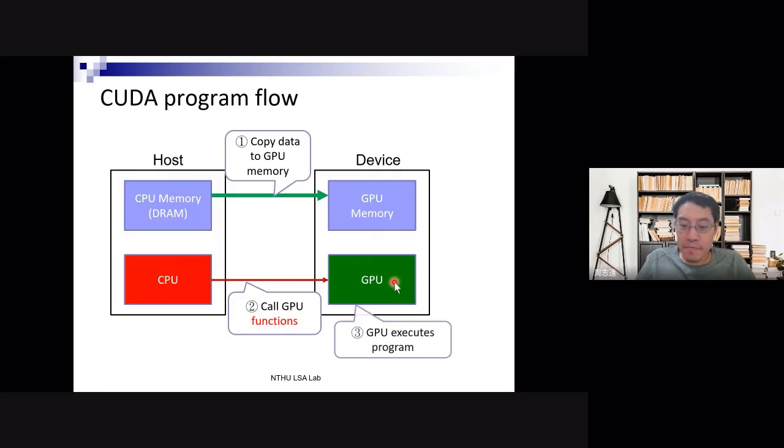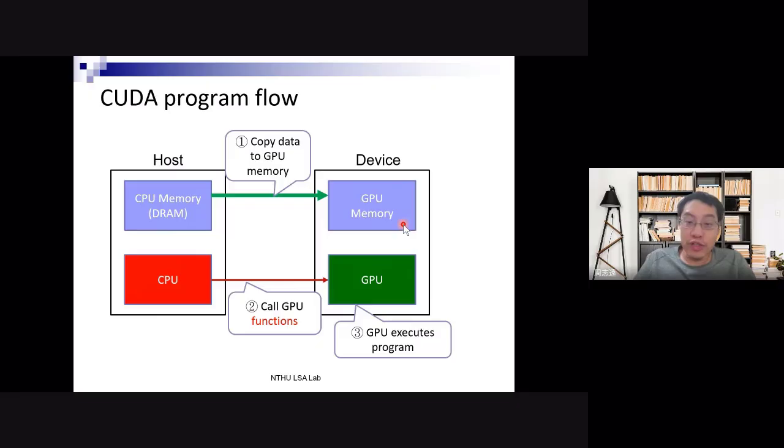Once the kernel function is launched on GPU, it starts to execute by accessing the memory you prepared on the device memory. And of course, the result will also only be written to the GPU memory.